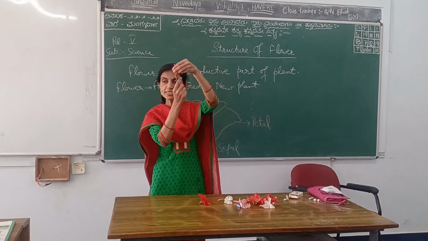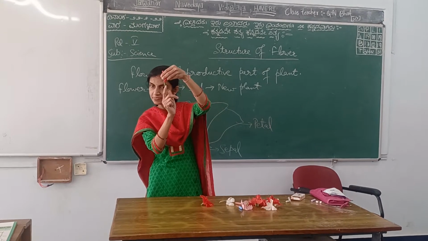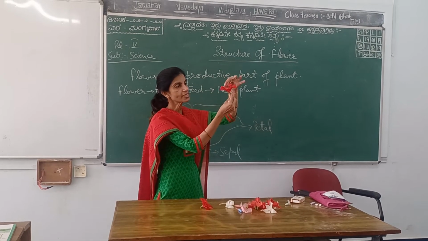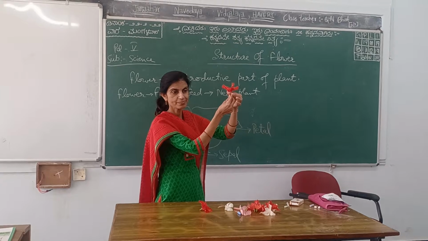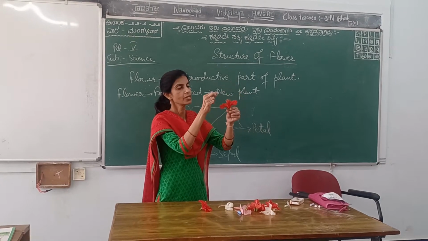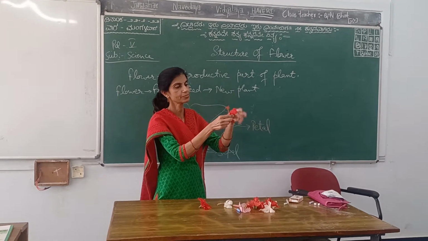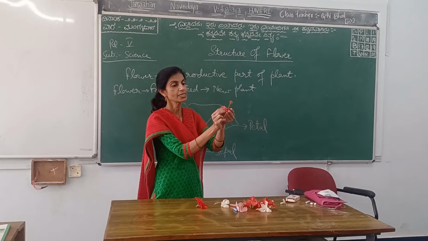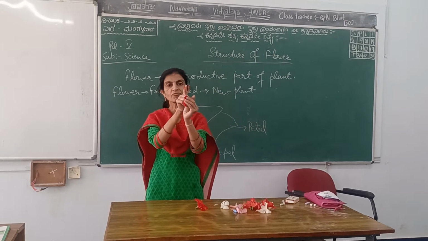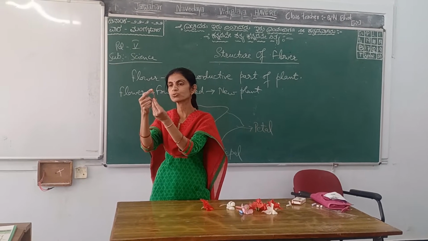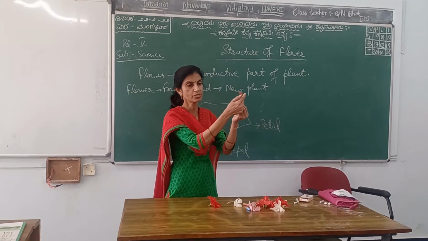Now, come to another part. So what is this green part? Sepal. Very good. What is this colored part? Petals. Very good. Now you see here, this flower is having some yellowish parts also. Long structure.